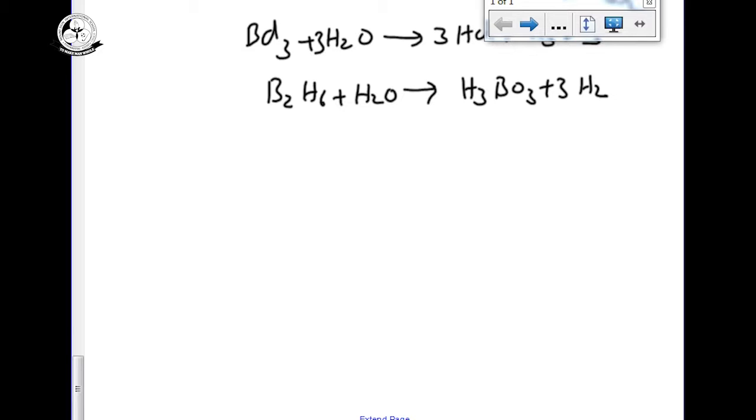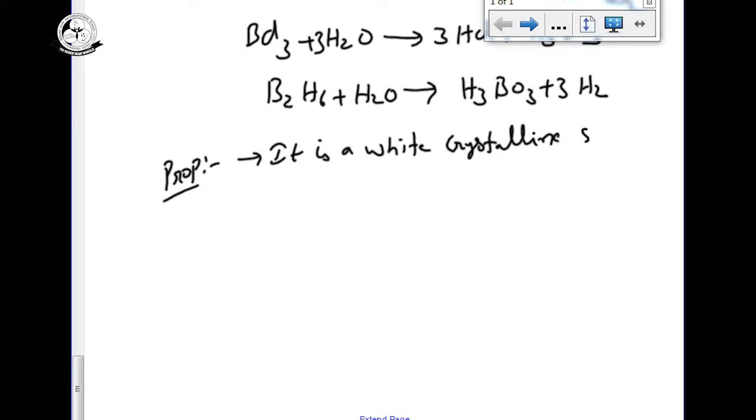Now see the properties of orthoboric acid or simply boric acid. It's a white crystalline solid and soapy to touch.